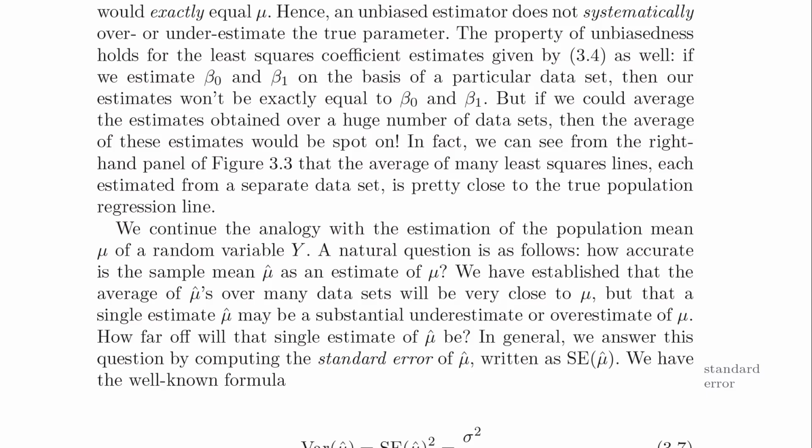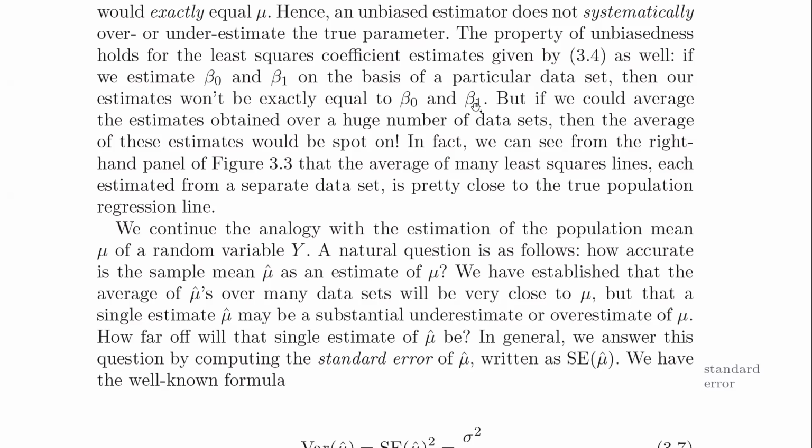The property of unbiasedness, so something that's not biased, holds for the least squares coefficient estimates given by 3.4 as well. If we estimate beta naught and beta 1 on the basis of a particular data set, then our estimates won't be exactly equal to beta naught and beta 1, right?